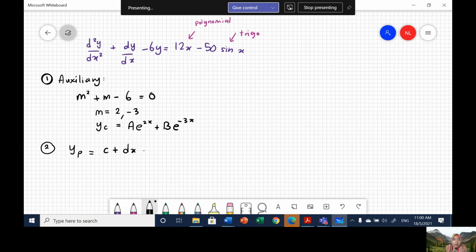Just add plus, and for trigo I'm going to use a different symbol, let's say e sin x plus f cos x. Don't use the same symbols as we used previously for the polynomial.